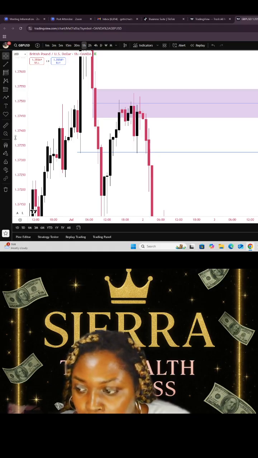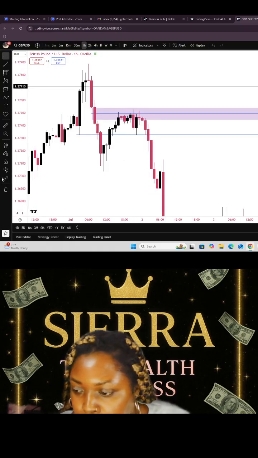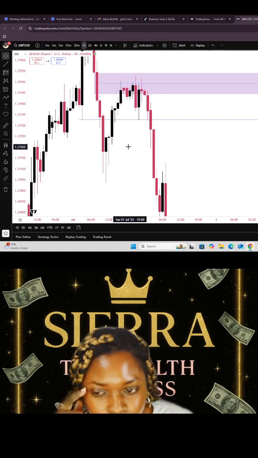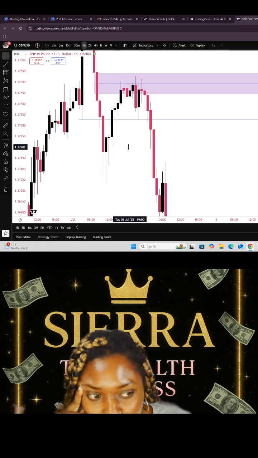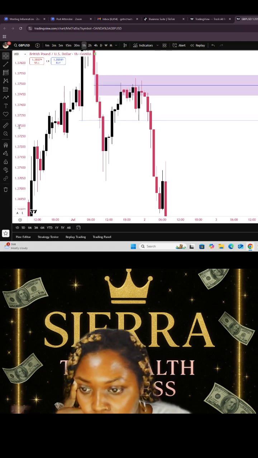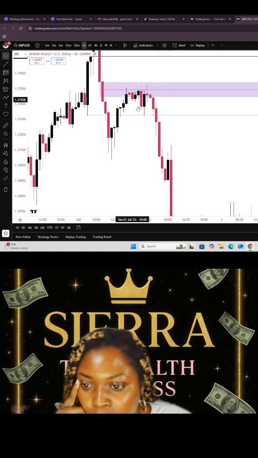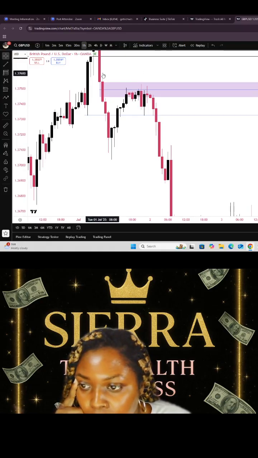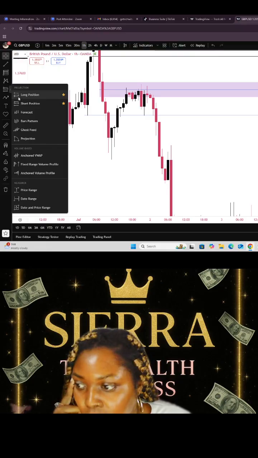And then we got our CRT. Then we got our 3 bearish candles. 1, 2, 3. All right. So I would have got in here at the bottom of that bearish engulfing. Stop loss above the candle that created the gap.